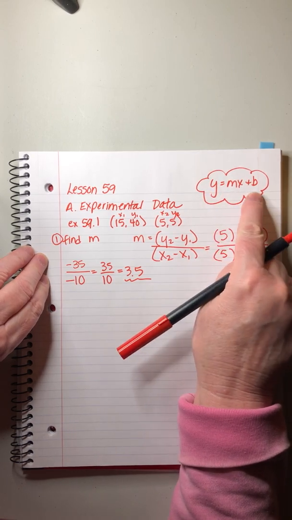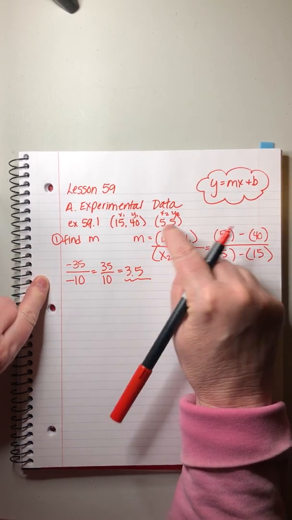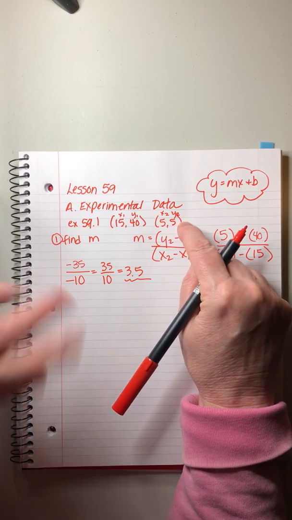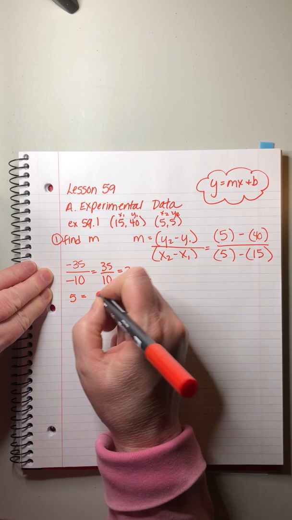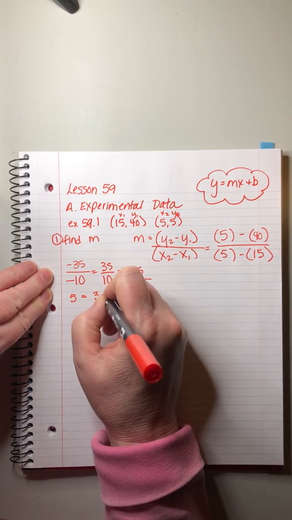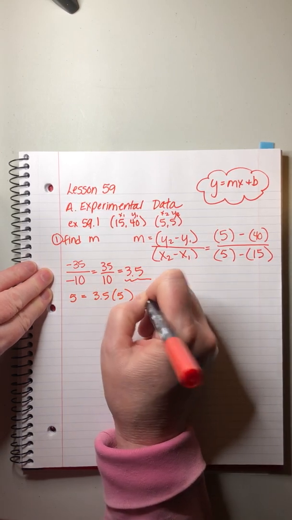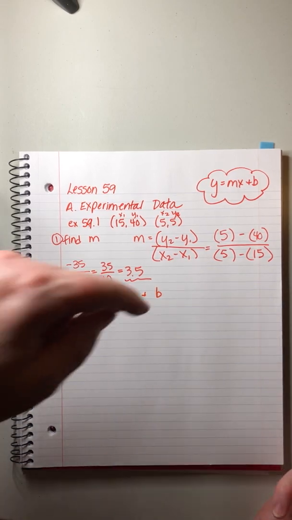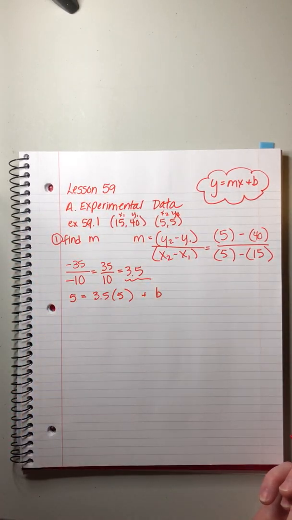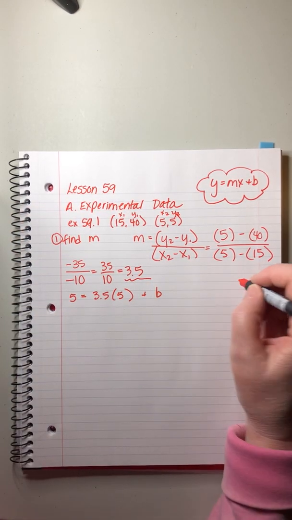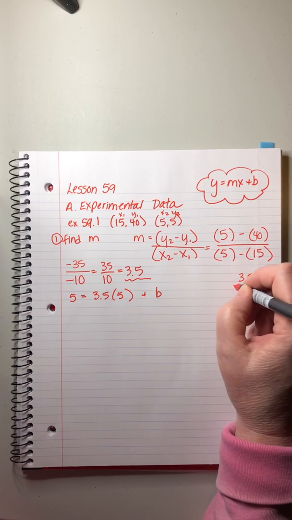Okay, now we're going to use this for m. We're going to use this for our x values, just like we've done before. So we're going to say 5 equals 3.5 times 5 plus b, right? We're just plugging in what we know. I chose what I thought was the easier looking pair of points, but you could have used the 15 and 40 as well. Okay, 3.5 times 5.